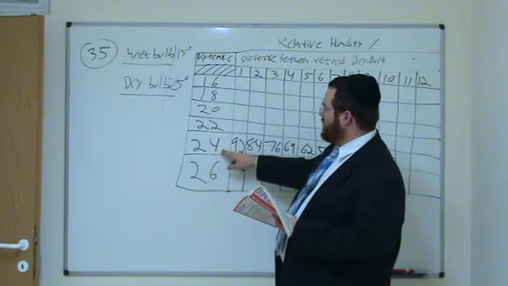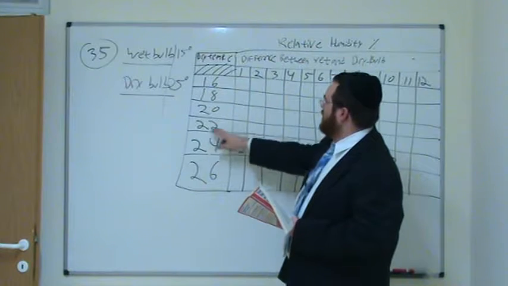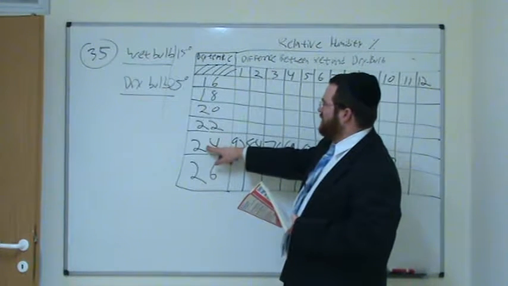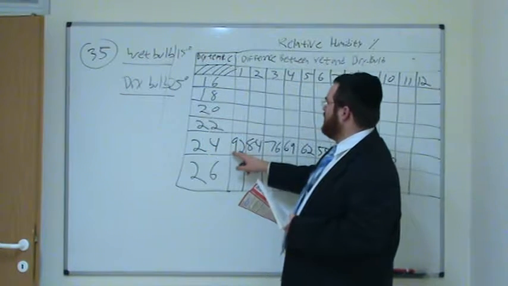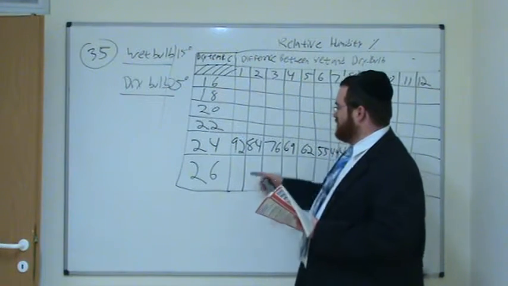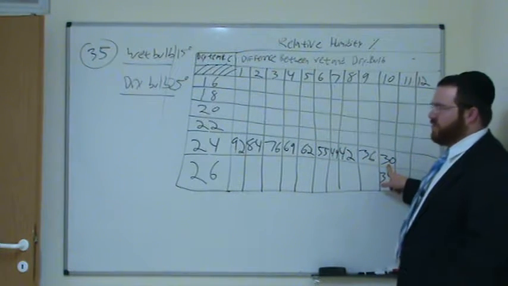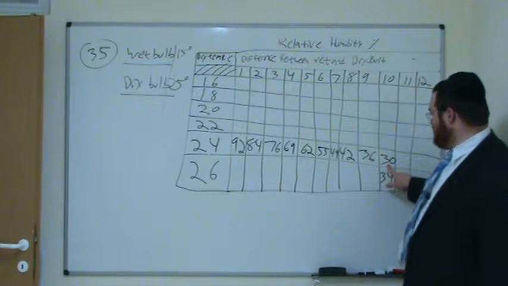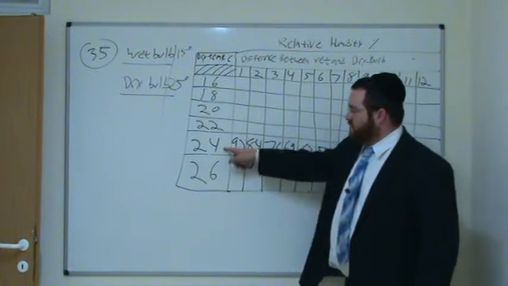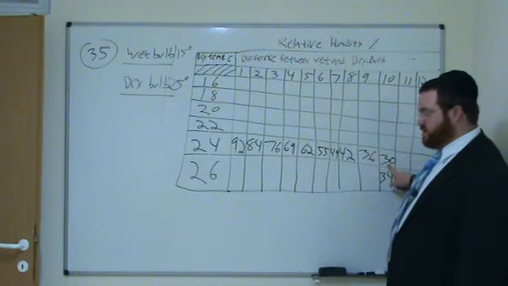At 24, when the difference between wet and dry is 1, the relative humidity is 92. If you go all the way down to a difference of 10 between wet bulb and dry bulb, like over here, 15 to 25 is a difference of 10, and when it's 24 degrees Celsius, the relative humidity is 30.